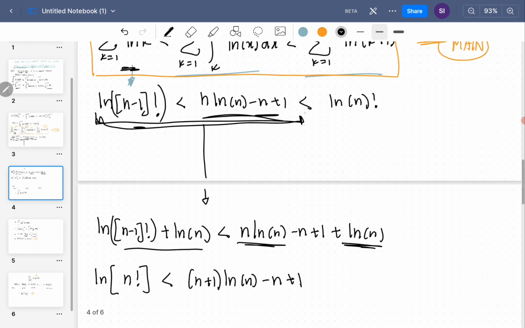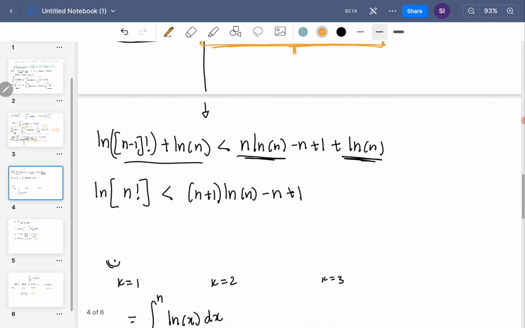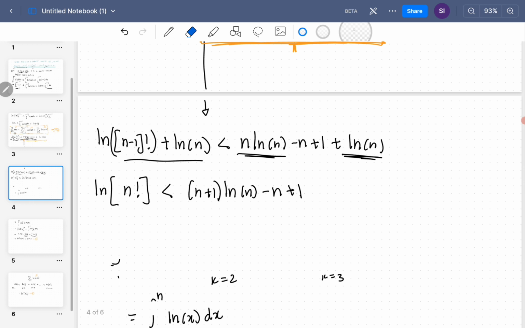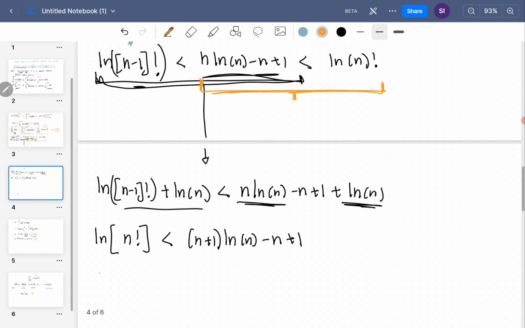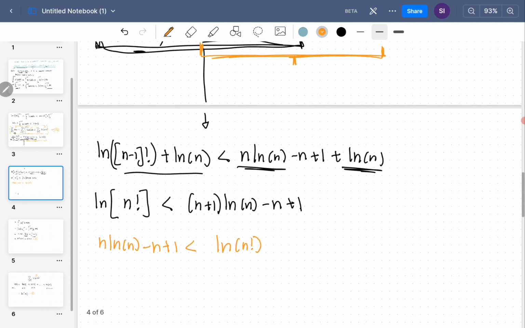And then if we go over here, let's compare these two. If we write it the same, let's write it as it is. So we get n natural log of n minus n plus 1 is less than natural log of n factorial.